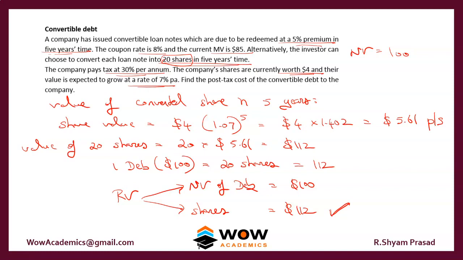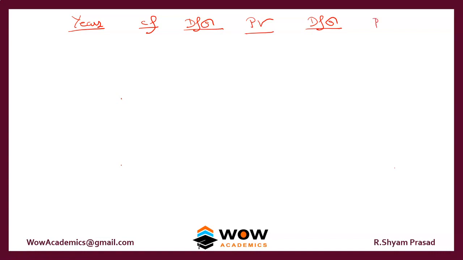From here on, it is a normal redeemable debt problem, so we'll solve that. We'll start with years, then cash flow, then discount factor, then we get the present value. Again we do the discount factor and again get the present value.